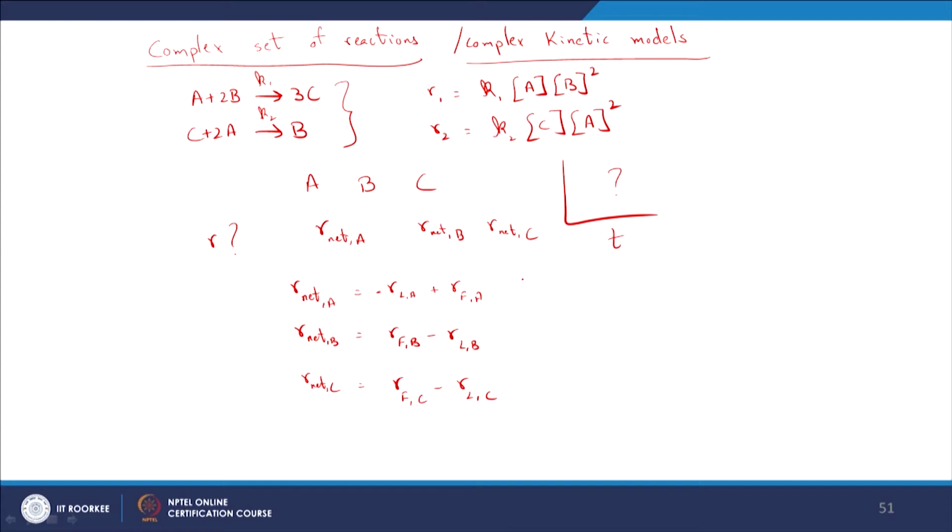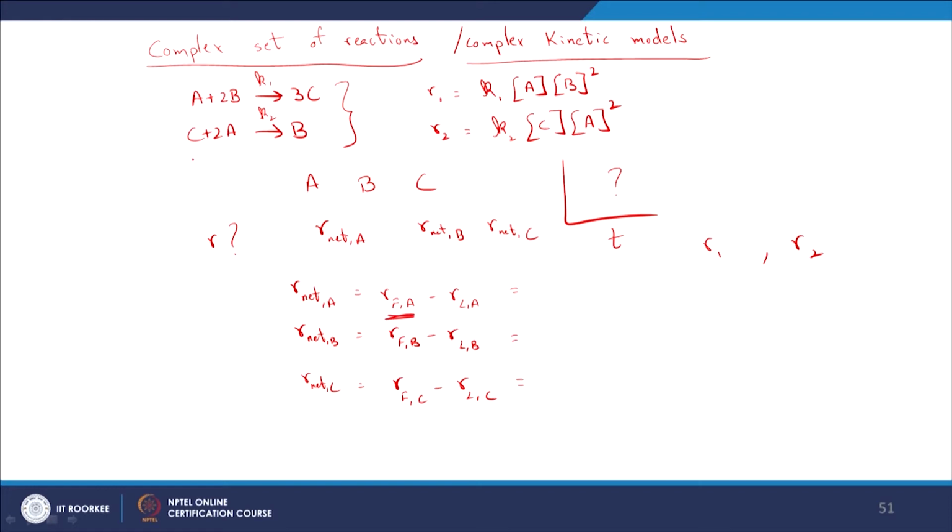So let's see what we have here. Let me use the same nomenclature. R net of A is equal to the rate of formation of A minus the rate of loss of A, and let's see how we can relate them to the rates of reactions 1 and 2, right? So how is A being formed?